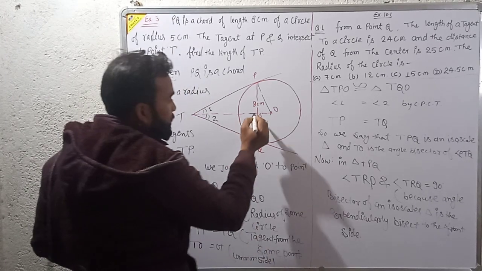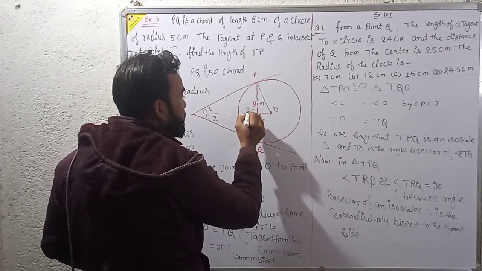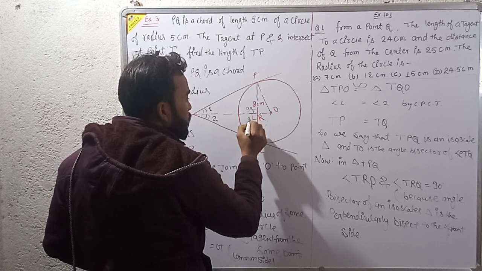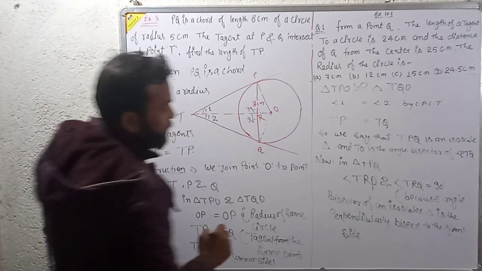Clear? So we can say that this angle will be 90 degrees and this is also equal to 90 degrees. Clear?